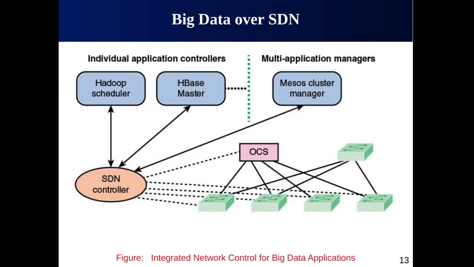Our next application is big data over SDN. Now we are going to talk about data center networking. Big data is related with the cloud and with the data center. We have already talked about these concepts in our previous lectures, but let us see them again.